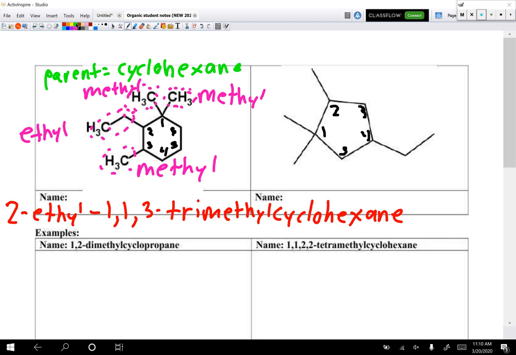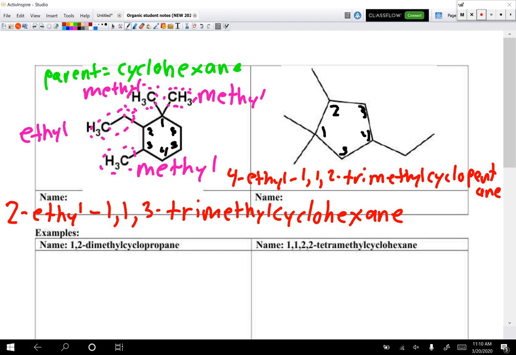So the name for this one, when we get going, we got a 4-ethyl 1,1,2 trimethyl cyclopentane. I'm sorry I couldn't fit that all in the one word, but hopefully you guys get it going across here. So 4-ethyl 1,1,2 trimethyl cyclopentane.